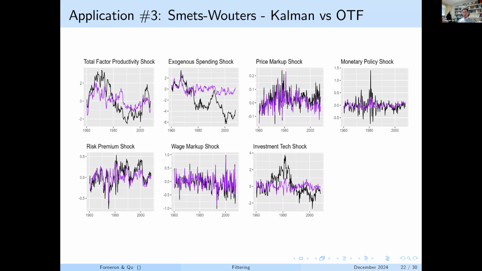And again, the OT filter does not have this problem. Anyway, this is just a quick illustration for the point that model consistency is quite important if you want to extract latent variables and give them some economic interpretations.